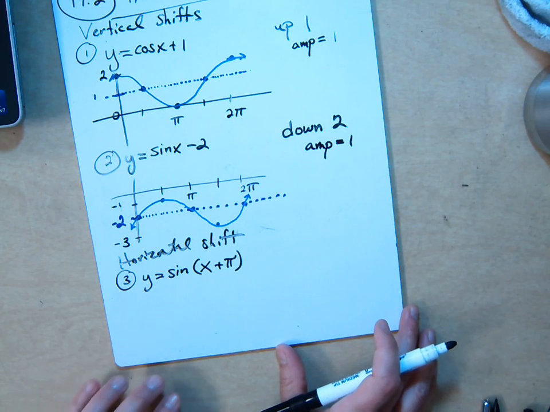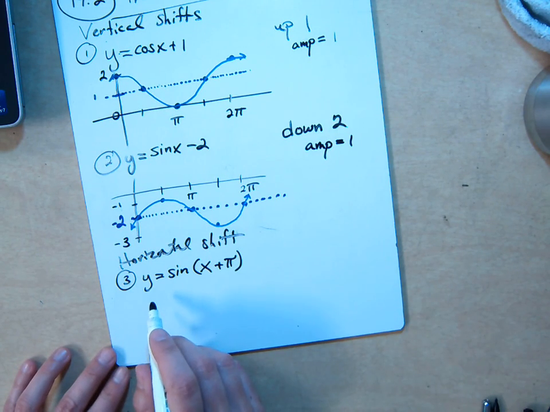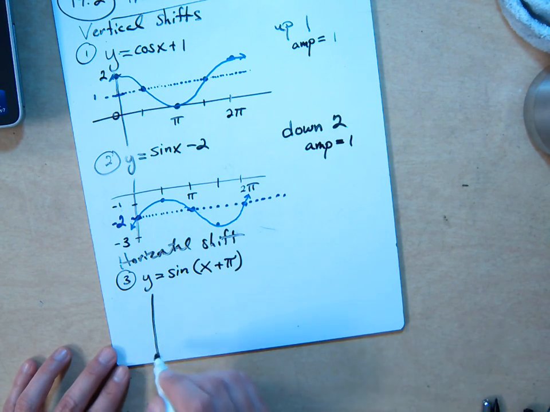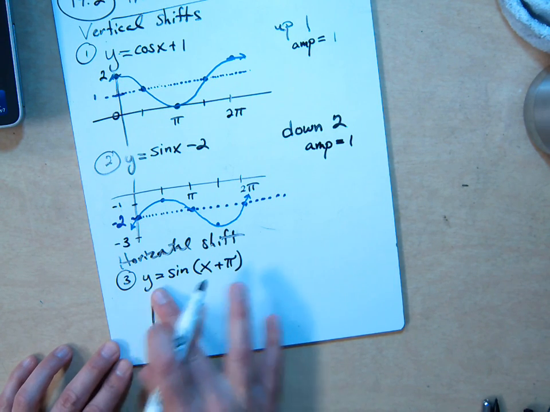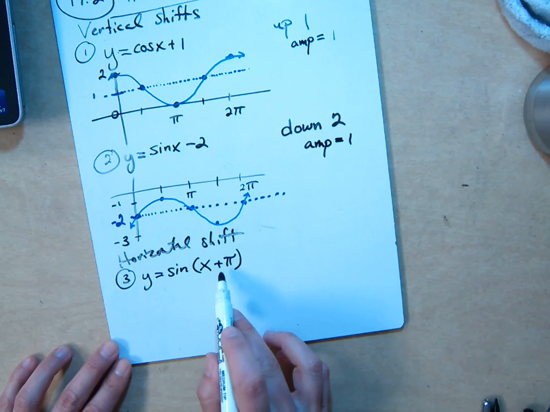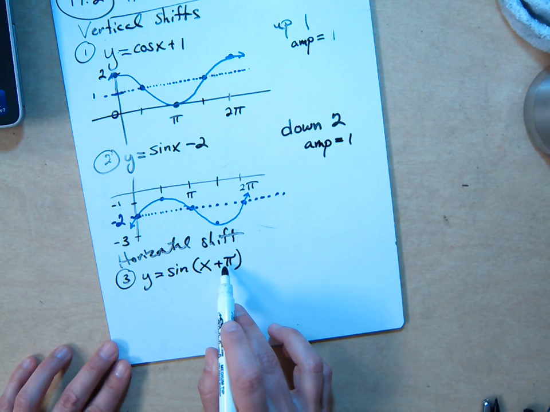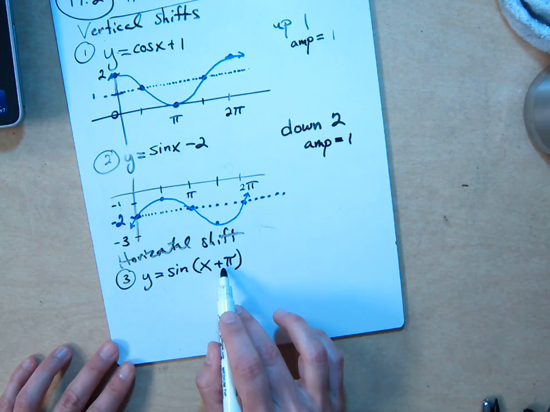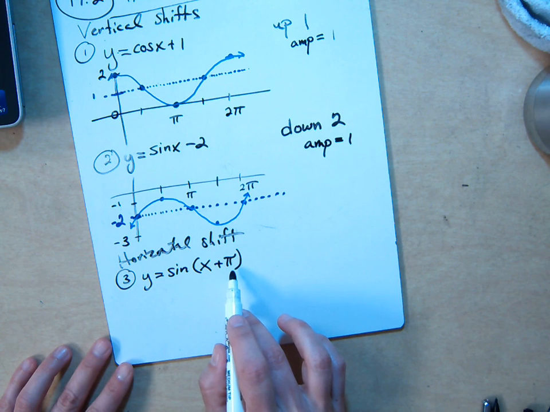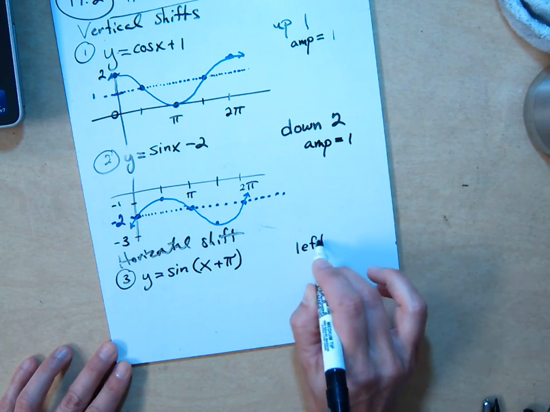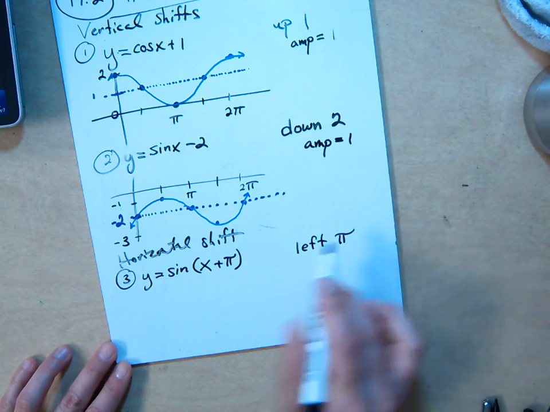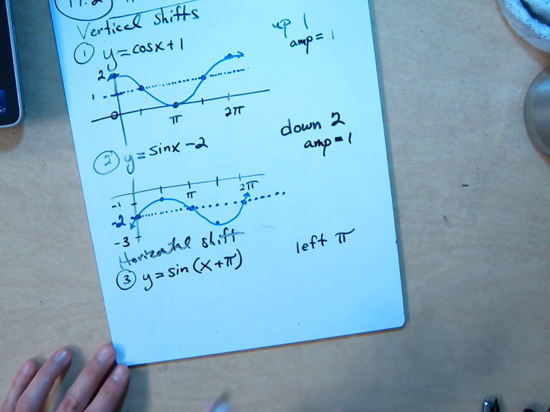And again, we're limiting it to just one transformation at a time. I already know this is going to move it to the left pi, because remember it's the opposite. So c in this case is negative pi. So this moves to the left pi. That's the difference.